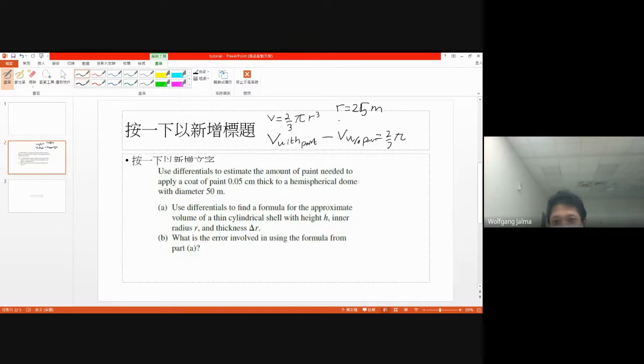So delta r is 0.05 centimeters, or 0.05 times 10 to the power of minus 2 meter. Well, you can do this: 2/3 pi times (25 plus 0.05 times 10 to the power minus 2) to the power of 3, minus 2/3 pi 25 to the power of 3.